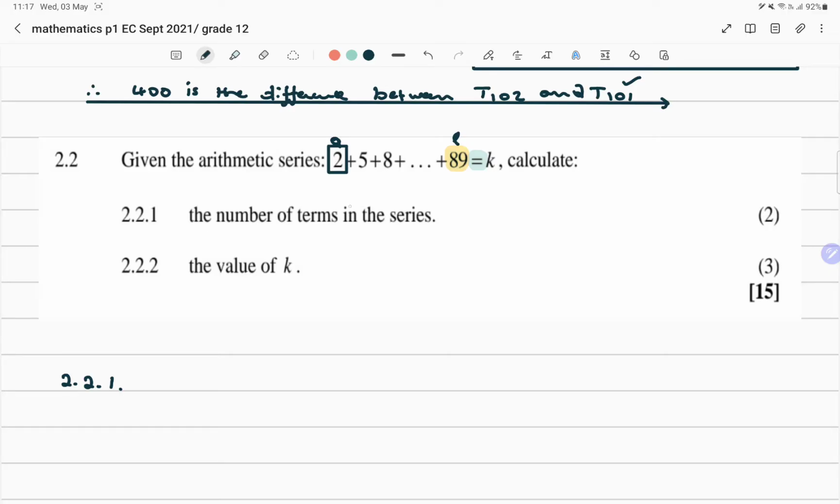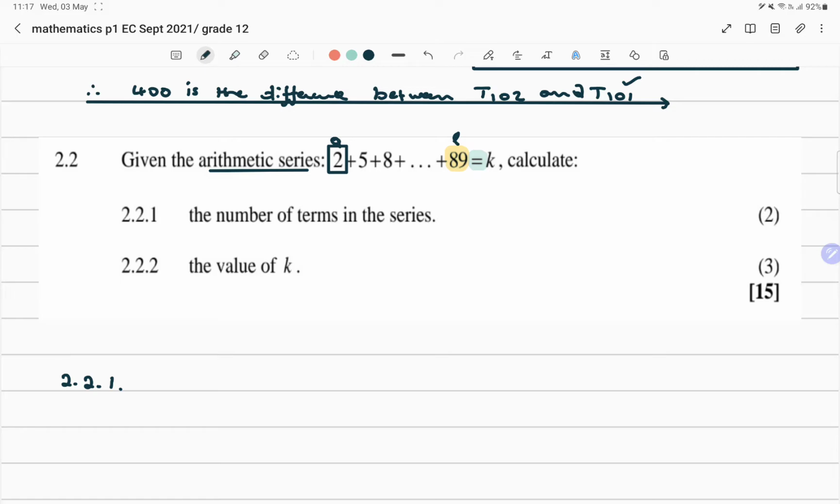It says now determine the number of terms in this series. Well, if this is arithmetic, we don't need to check between every 2 consecutive terms. We just need to consider one set of consecutive terms and take the difference, which gives us the common difference, because this is an arithmetic sequence.